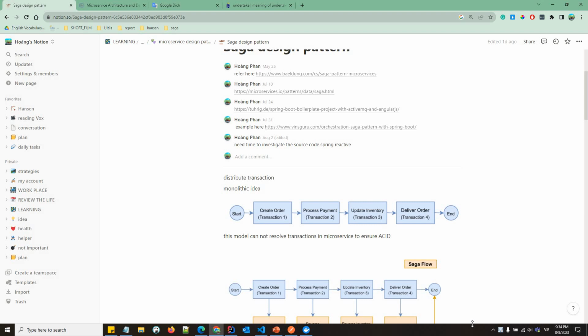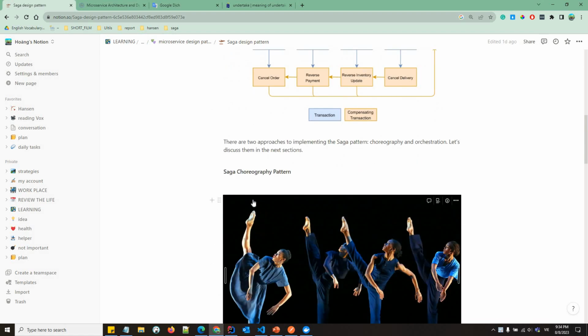We have two types of saga design pattern. The first is the choreography pattern, and the second is orchestration. In orchestration, you can imagine that between the services we have a middle service called the coordinator service.